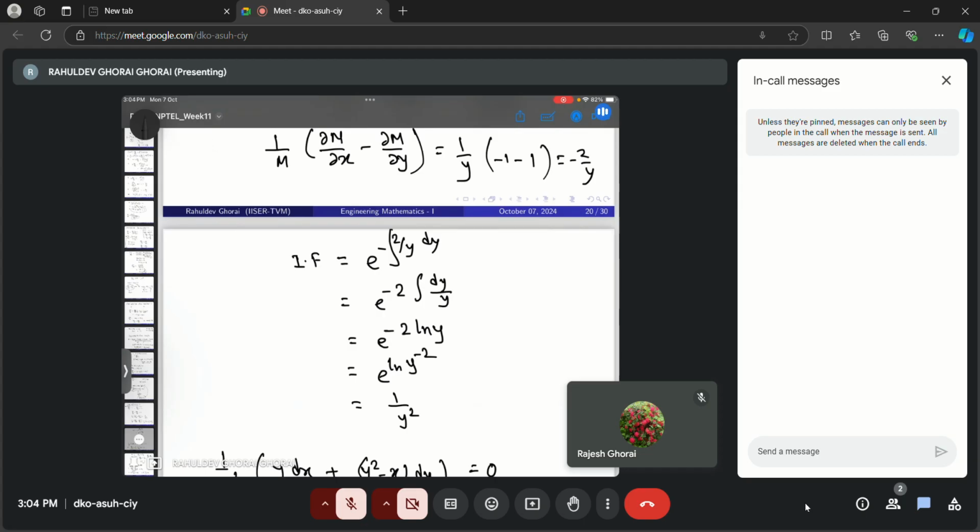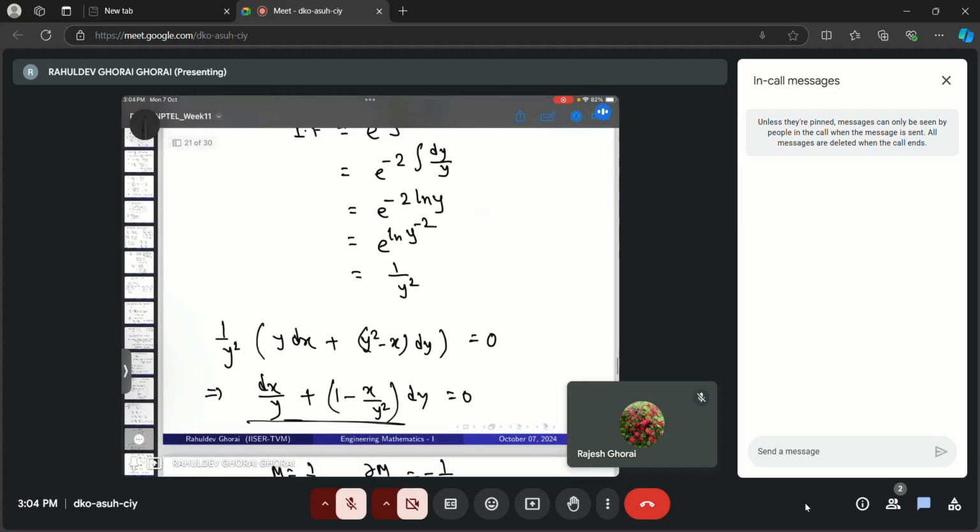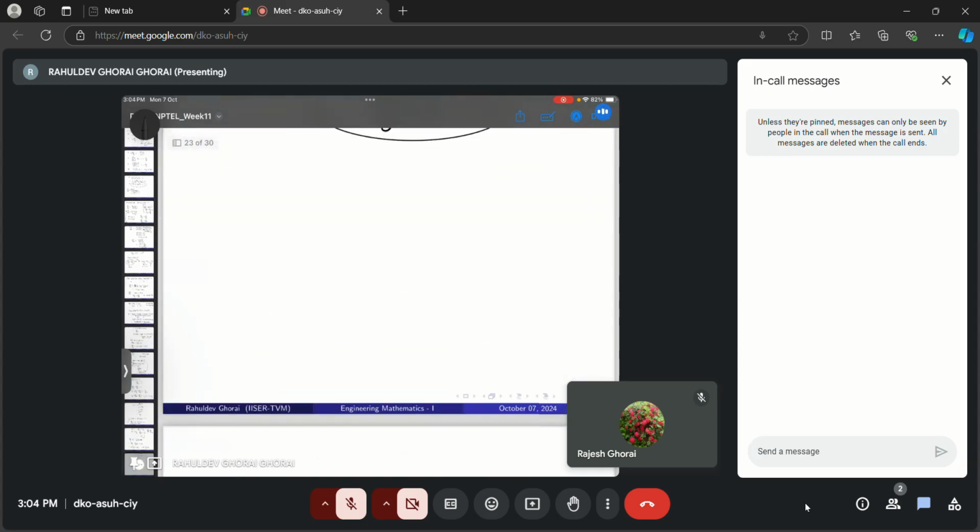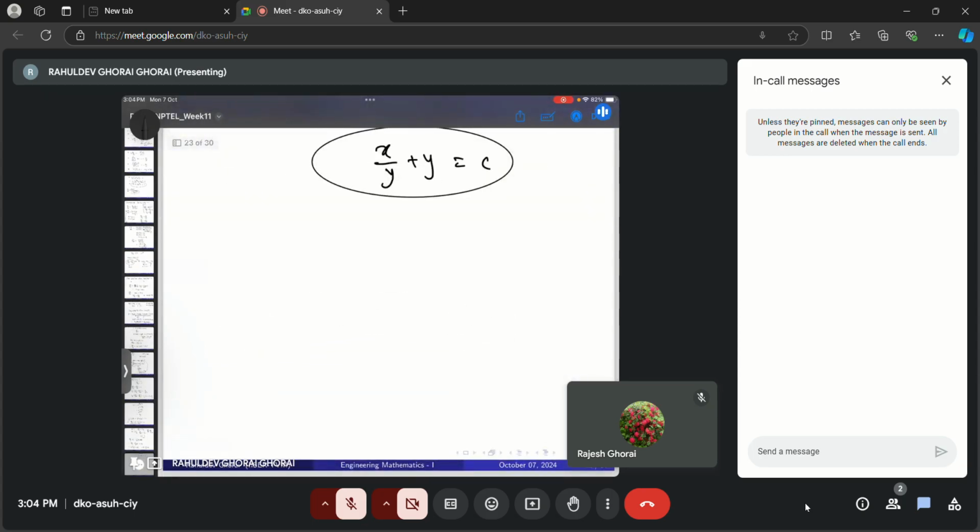If you multiply by that integrating factor, it becomes an exact equation, and the solution of that will be the solution for the main equation also. That's all you need to know for this integrating factor.